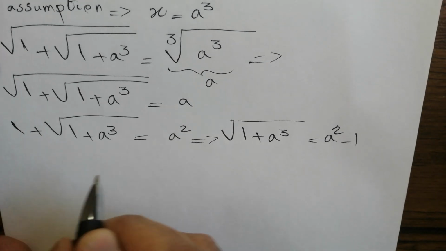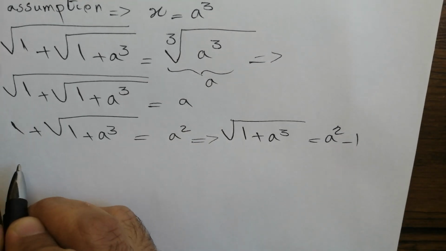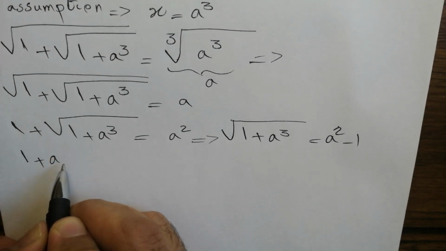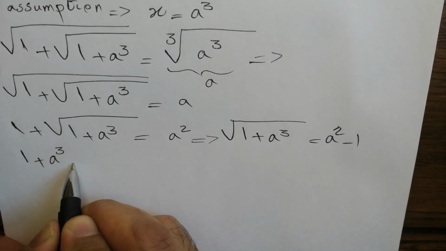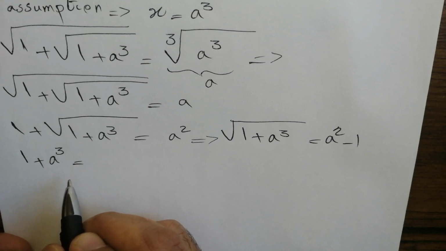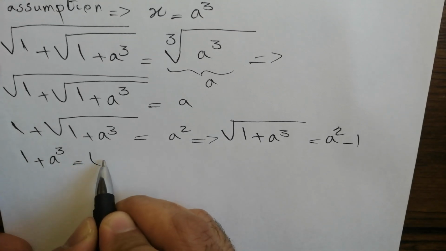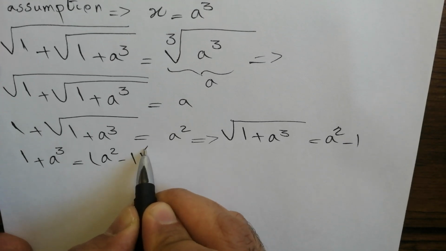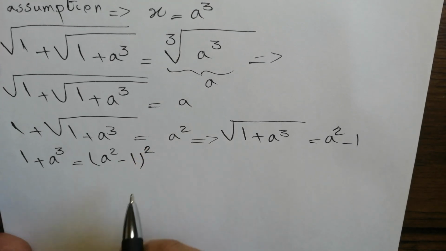Again, we raise it to the power of 2 and then we get rid of the radical sign. So 1 plus a cubed equals a squared minus 1, the whole thing squared. Then we need to expand this, right?